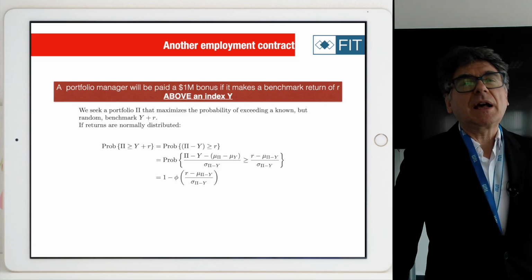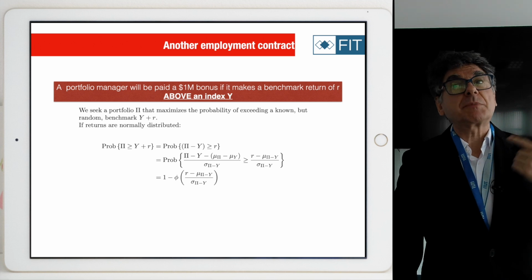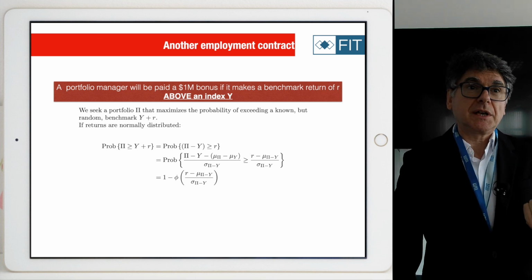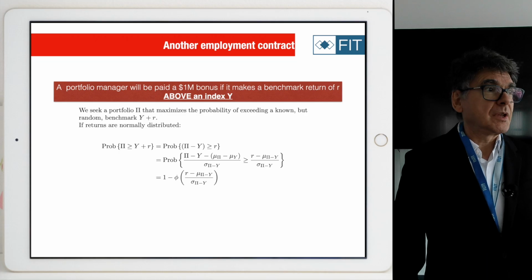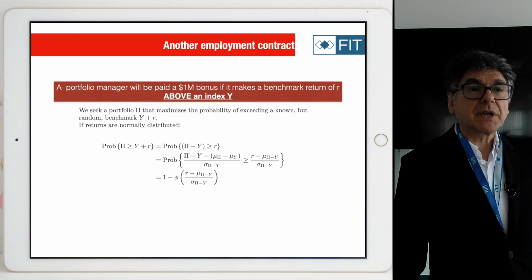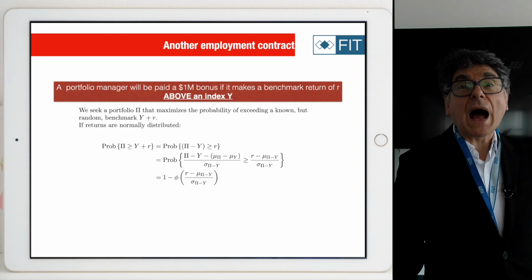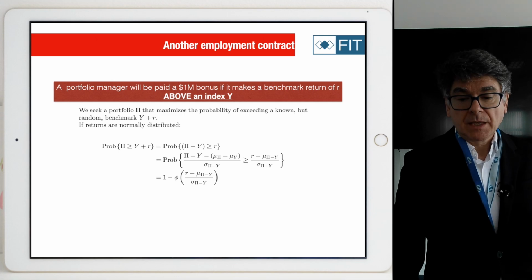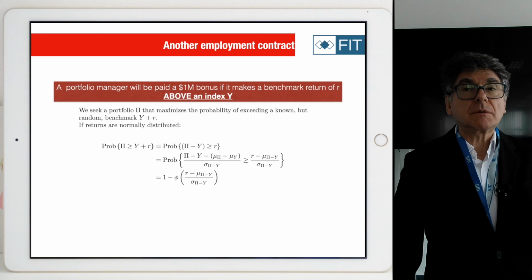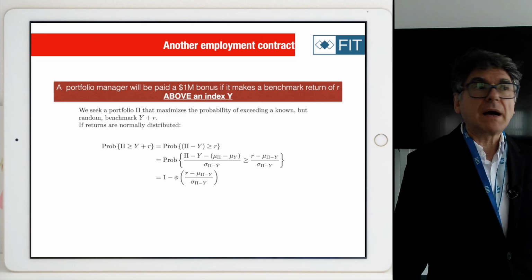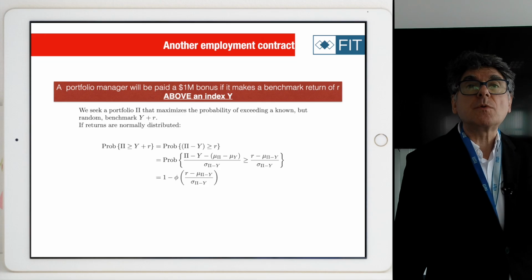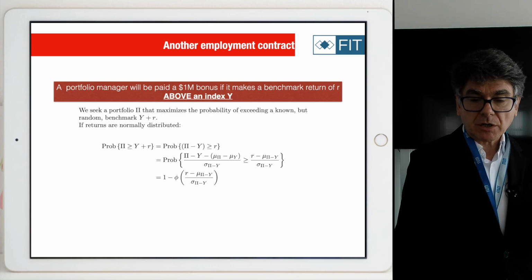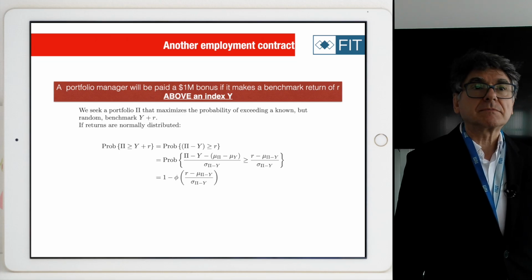So the same argument we had earlier does not work because now your benchmark is not a number. It's another random variable. So I spell out what your benchmark is as a random variable, I'll call it Y, plus your benchmark, which is 5%. And what I do is the same thing I did with her, but I move, you see, look at the math, I move the benchmark over to the portfolio side.